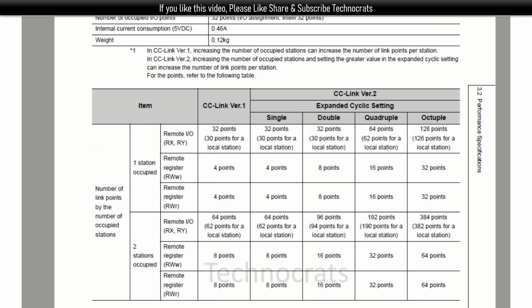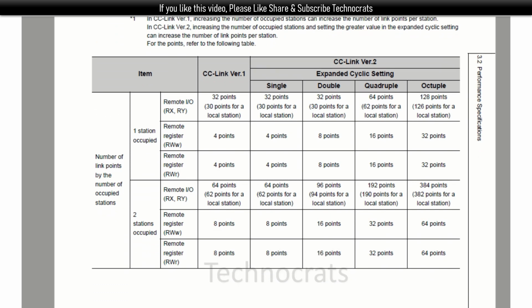Now moving on to version 2. When we are configuring our system in version 2, then we will be getting this expanded cyclic setting in these version 2 controllers.